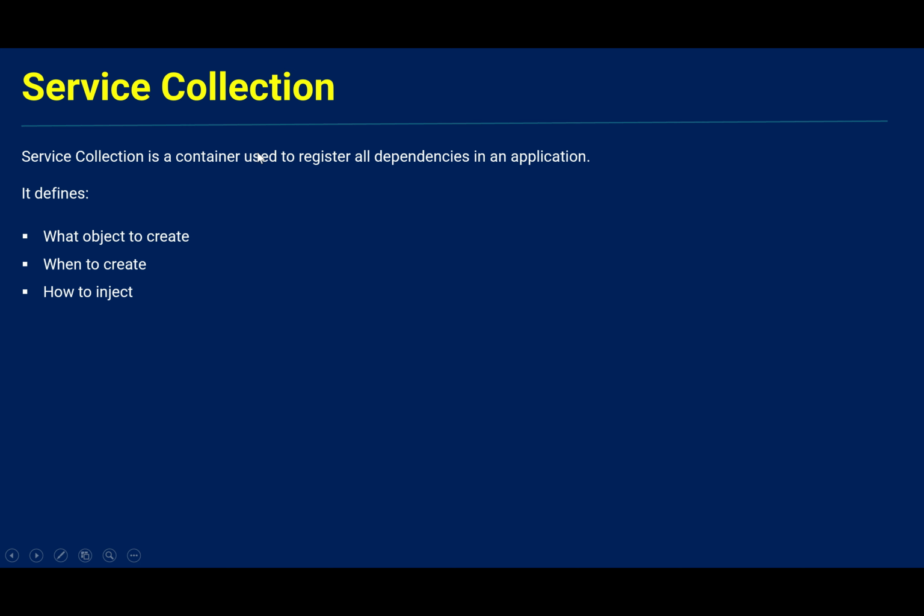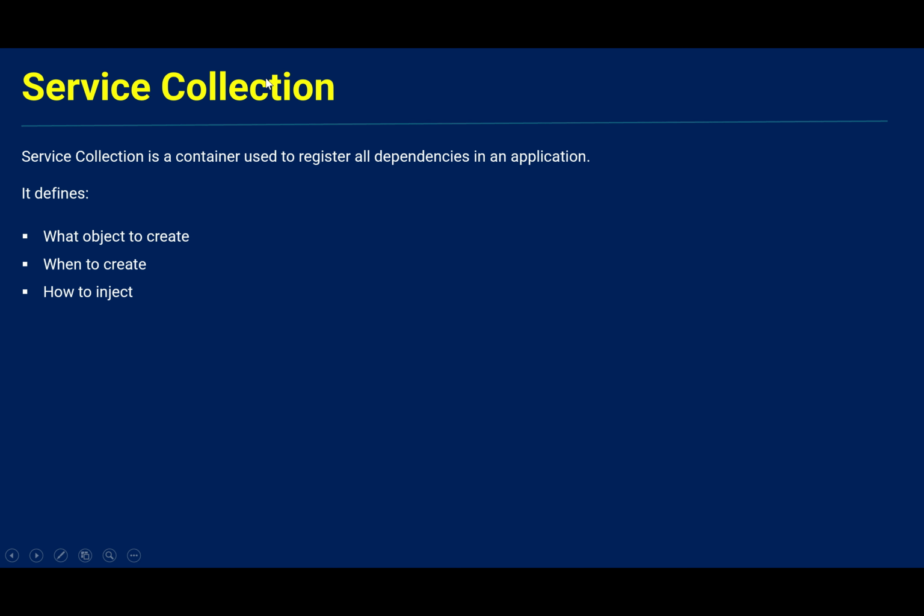The service collection is a container used to register all your dependencies in the application. It defines what object you have to create, when to create that object, and how to inject that dependency.